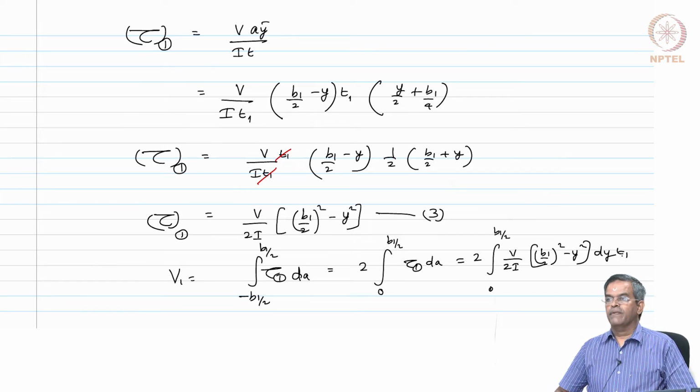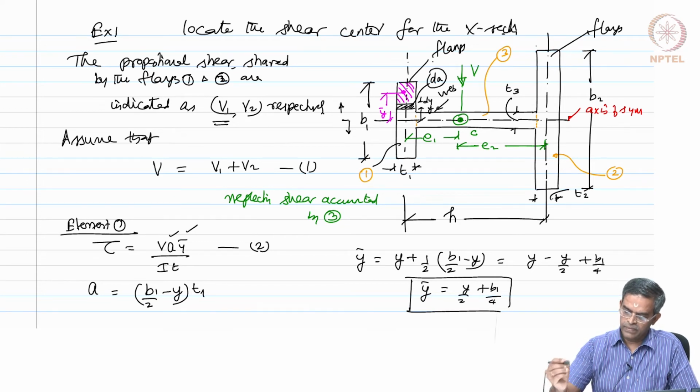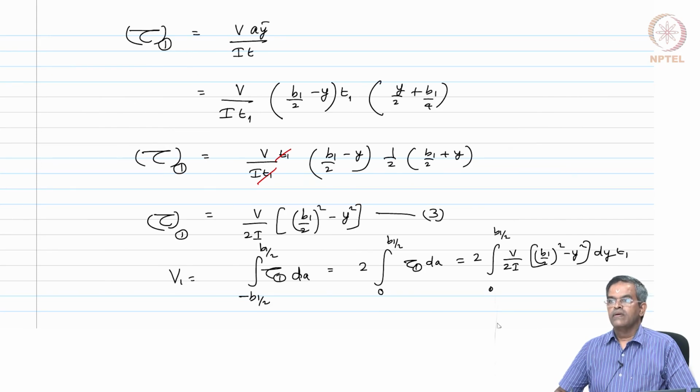That is the strip area which is integrated from minus to plus limits of this, am I right? That is dA, okay friends.